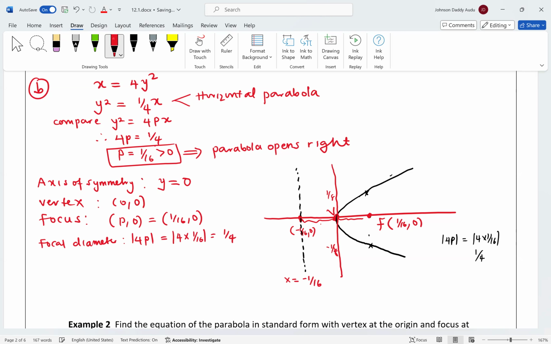Remember, 1/4 is the focal diameter. So let's say the distance from here to here, you can call it the focal radius. So from here to here is also another focal radius. So the two of them give you the focal diameter.